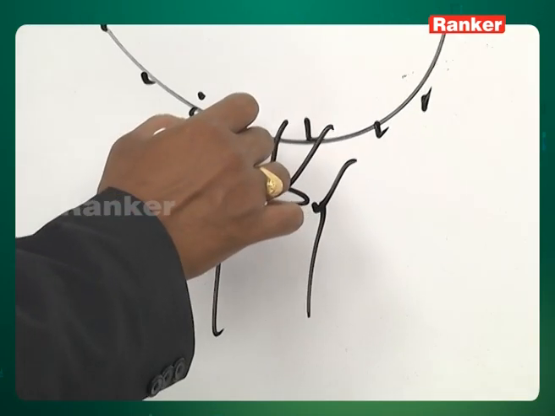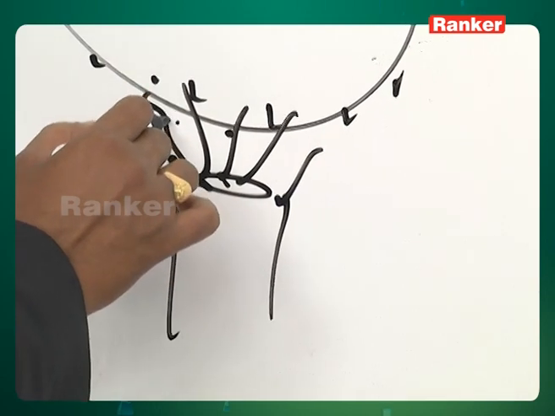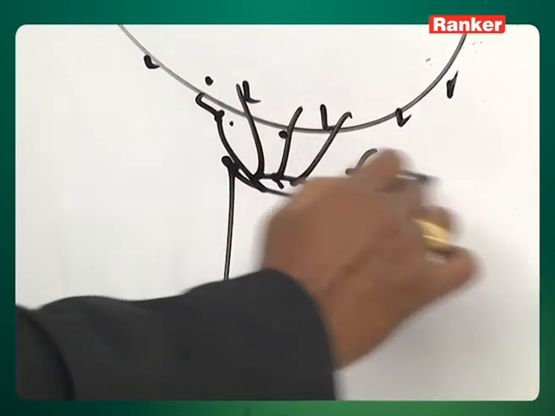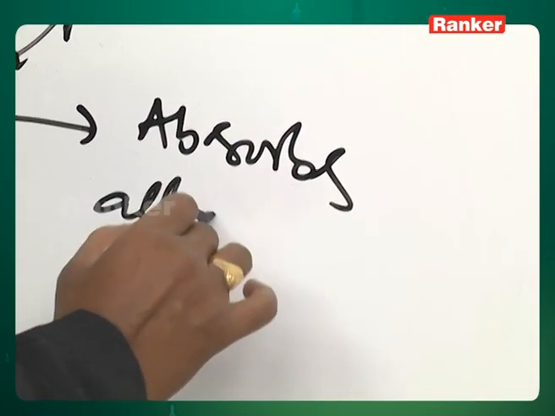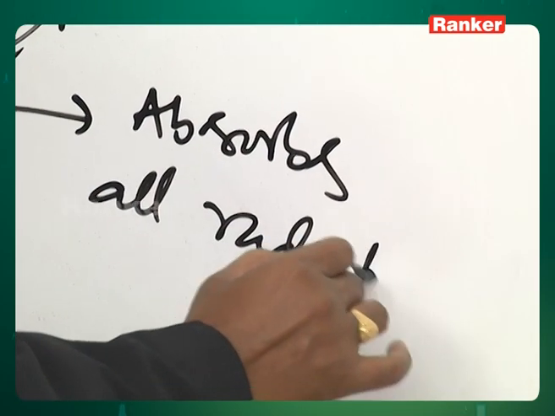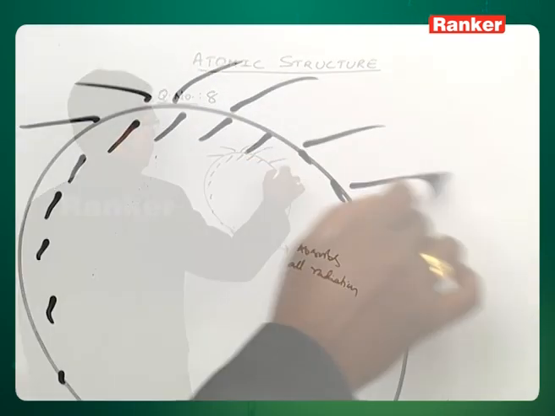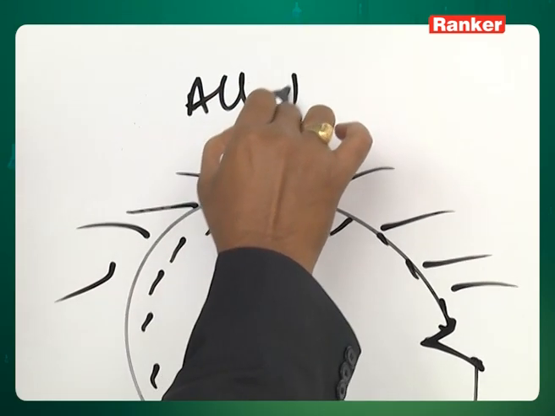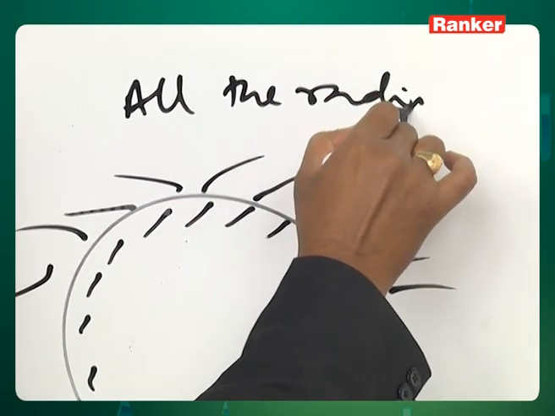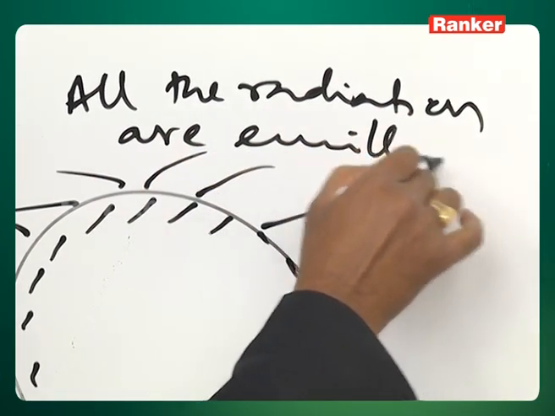What is the reason to be called a black body? Because on heating, it absorbs all radiations, and whatever it absorbs, all the radiations are emitted back.